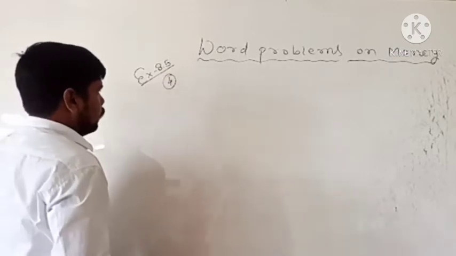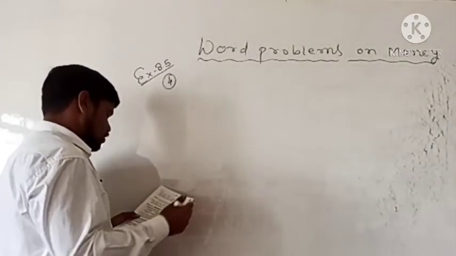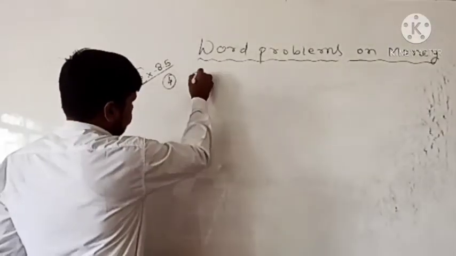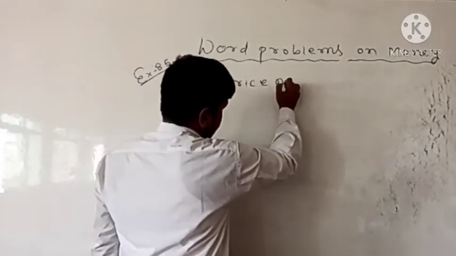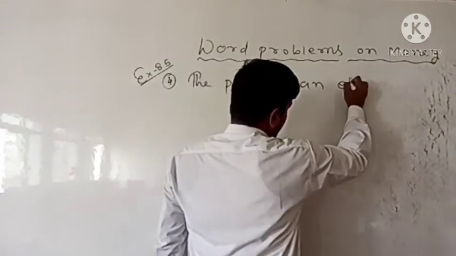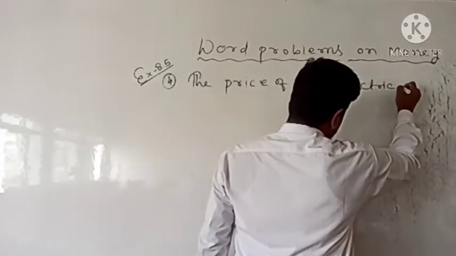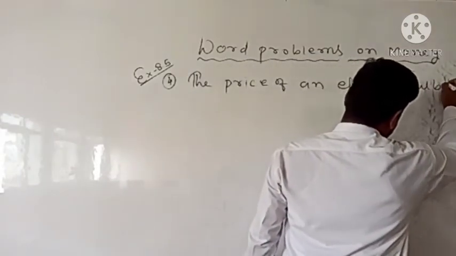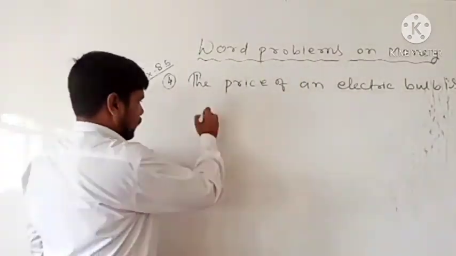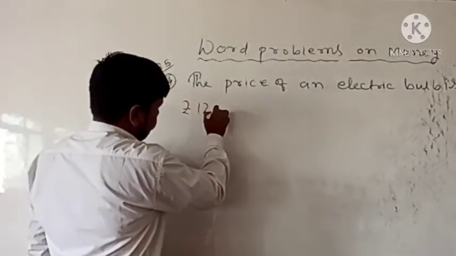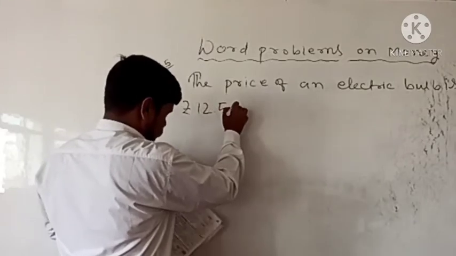In question 4 it is asking: the price of an electric bulb is ₹12.50.